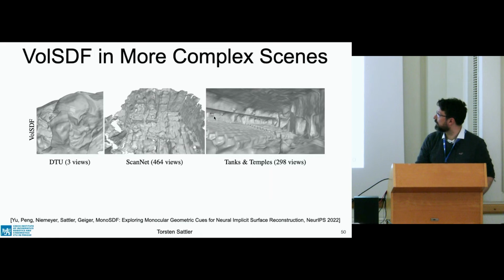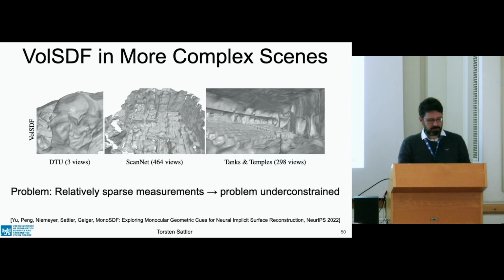And here you see another room trained from roughly 300 images. The issue here is that the measurements that you have for each part of the space are relatively sparse. The problem with neural radiance fields or these VolSDF is that you're training a network that has a lot of capacity, meaning there are many ways to overfit to the scene.